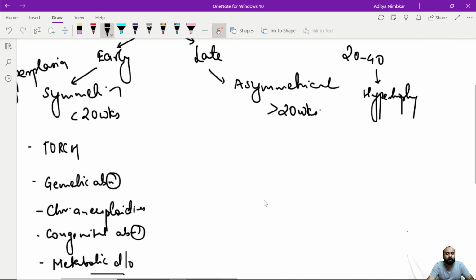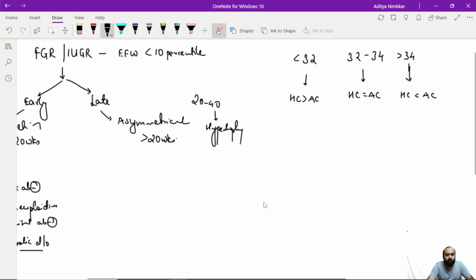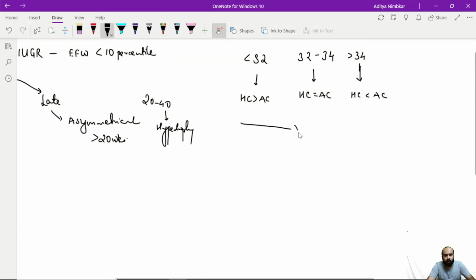Now coming to asymmetrical IUGR, but before I come to asymmetrical IUGR, there's one more concept that I would like to tell you all. Now imagine that I have reduced blood supply, reduced blood flow to my body.